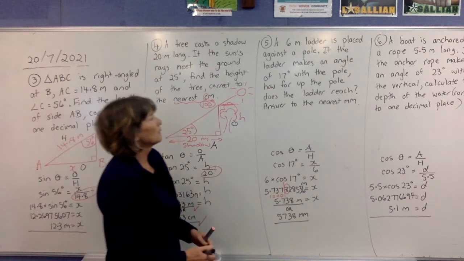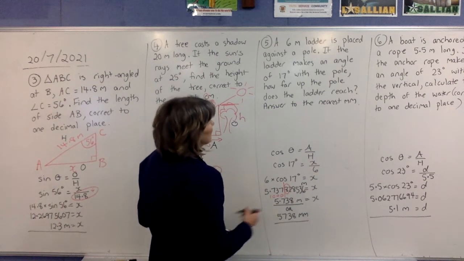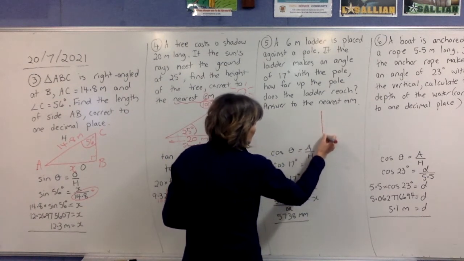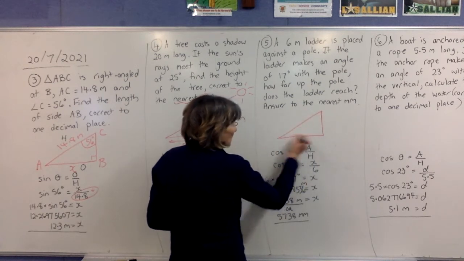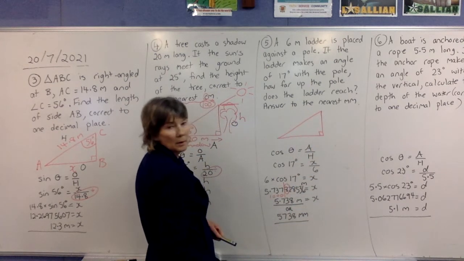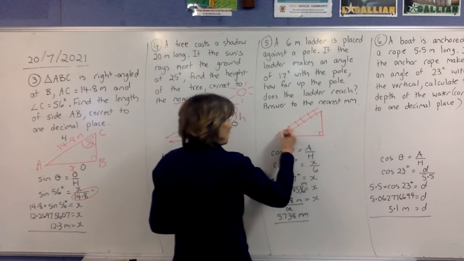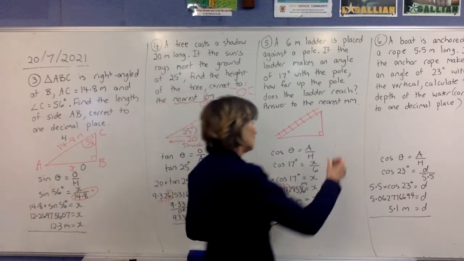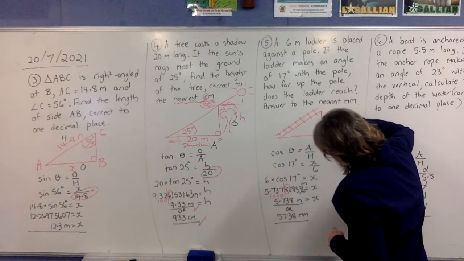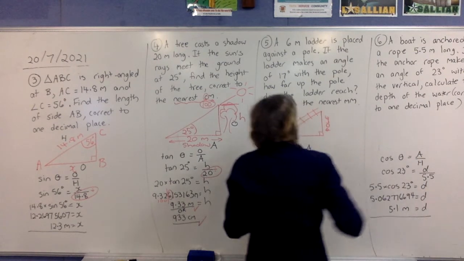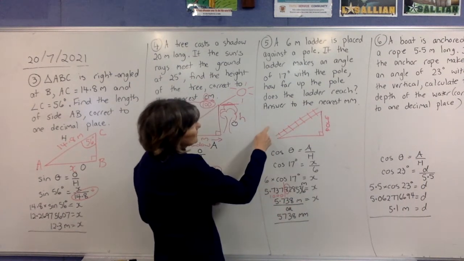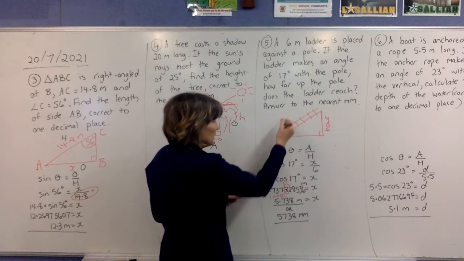Okay, looking at the next one. We have a ladder placed against a pole. We start with a right angle triangle. A ladder, there it is leaning against a pole. Now, it's a 6 metre ladder, so you can put 6 metres here.